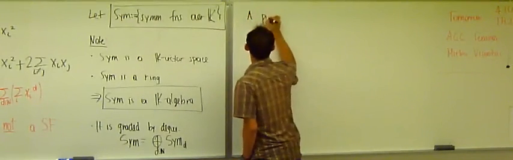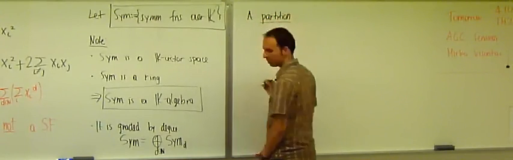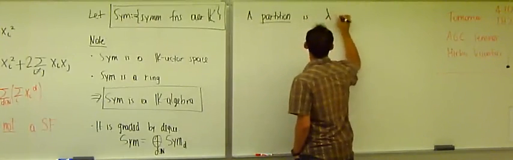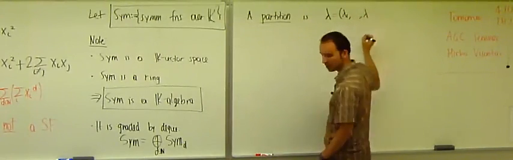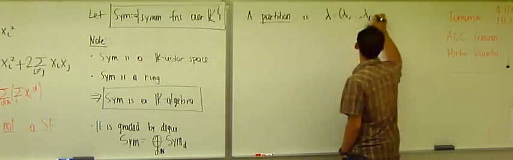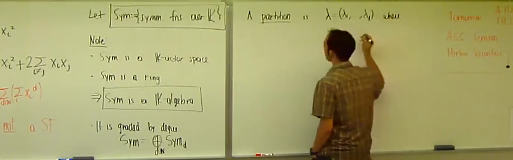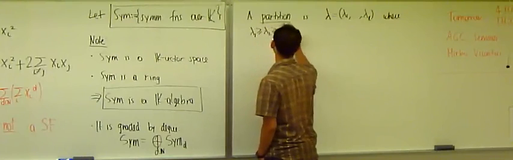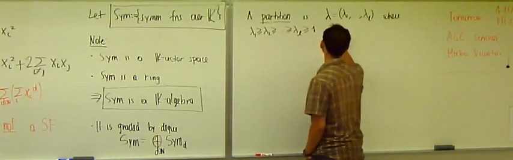A partition lambda is going to be a vector lambda of finite length, lambda 1, let's say, up to lambda L, where lambda 1 is greater than or equal to lambda 2, greater than or equal to, etc., up to lambda L, greater than or equal to 1, and these are integers.